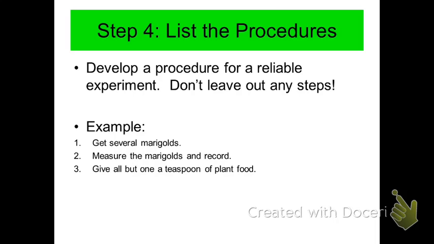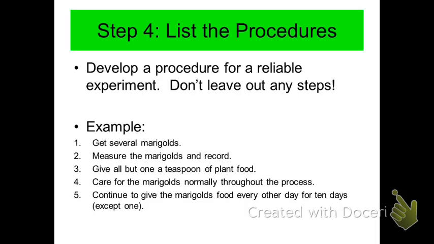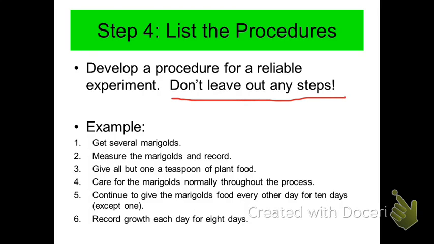Okay, so for your example, and I know this is a lot, I want you to just write, don't leave out any steps, and I'll save you a little bit of writing. As you write that, look at my example. If we were doing the marigold experiment, we'd get several marigolds, we'd measure the marigolds and record. We give all but one a teaspoon of plant food, and we'll talk about why we don't give one a teaspoon of plant food in a minute.